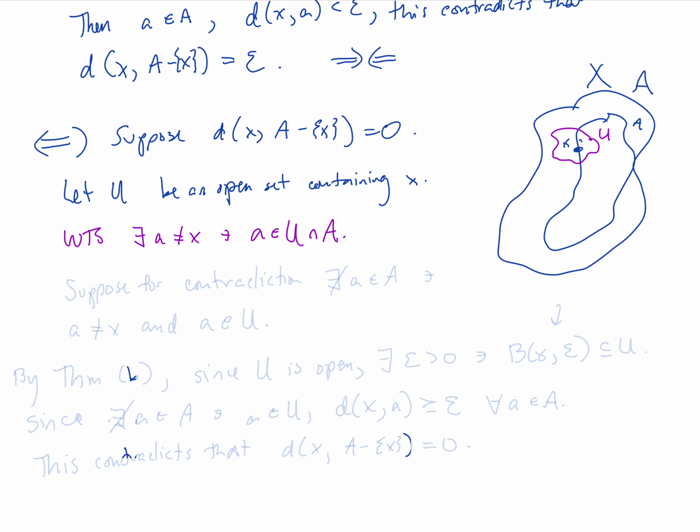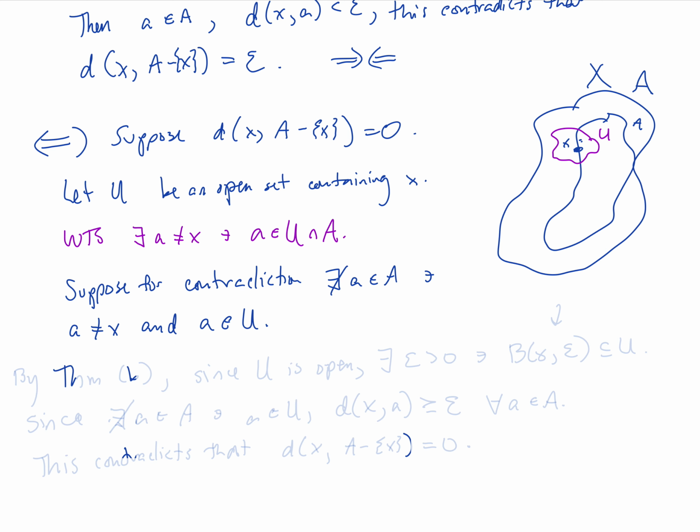Now, let's suppose again for contradiction that this is not the case. Suppose there is no element a in A, such that a is not equal to x and a is in this set U. What would happen in that case?